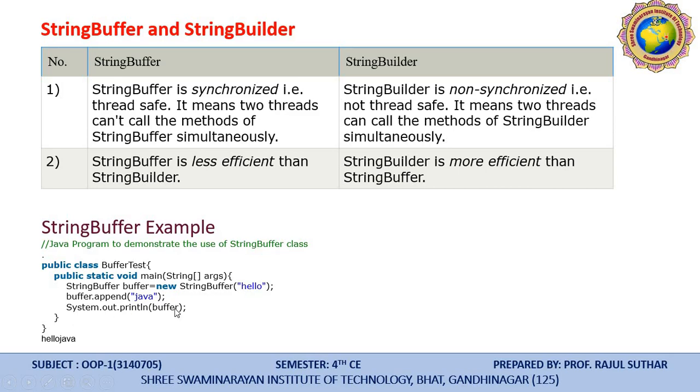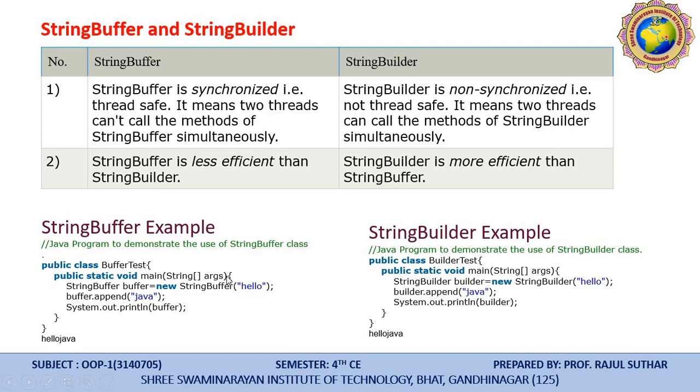We print with System.out.println, and in the brackets we write the name of the buffer already created. It displays two words: the first is Hello and we append the second word, Java. So what is the output? Hello Java.